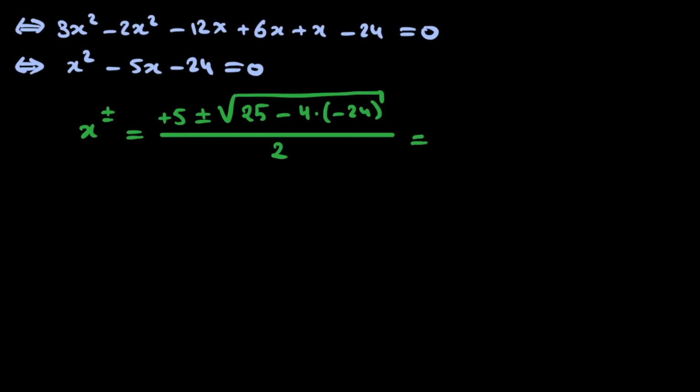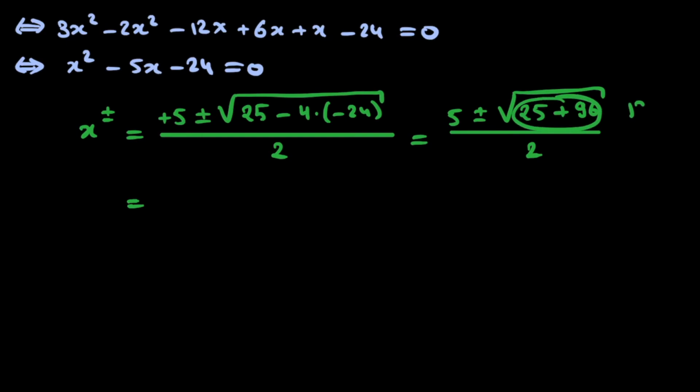And now computing what is inside of the square root, we get 5 plus minus the square root of 25 plus 96 divided by 2. Now we know of course that 25 plus 96 is 121, and the square root of 121 is simply equal to 11. So we get 5 plus minus 11 divided by 2.